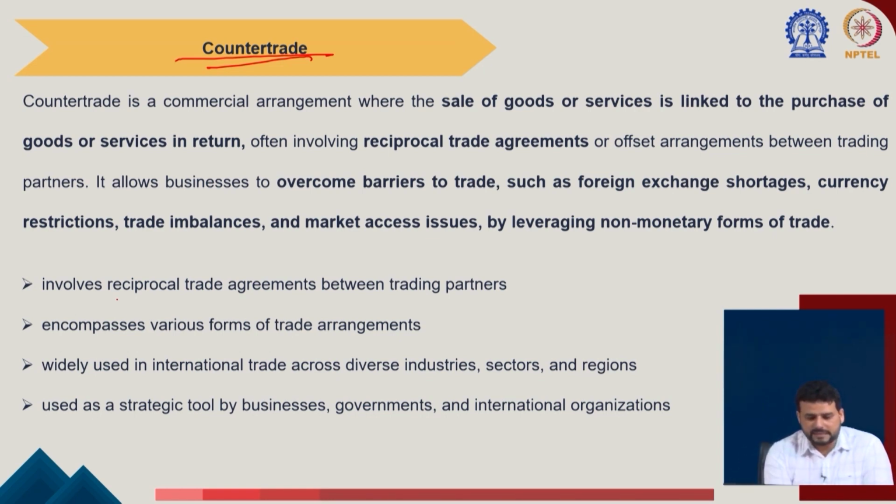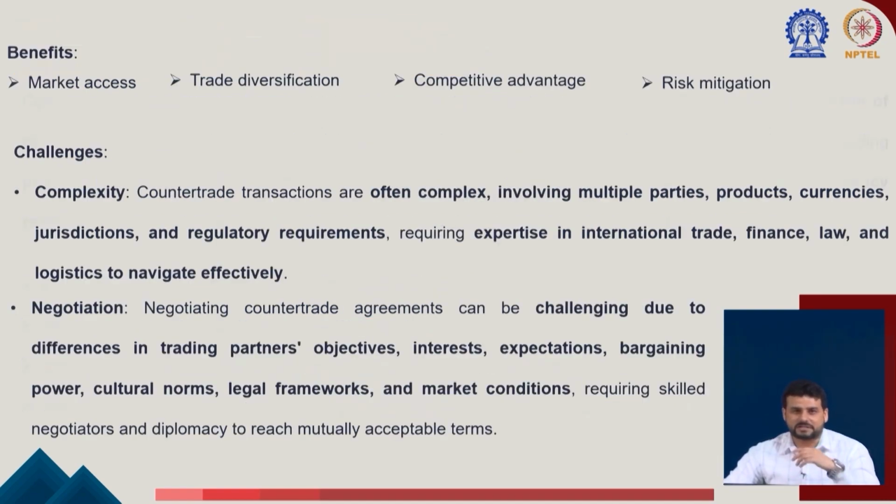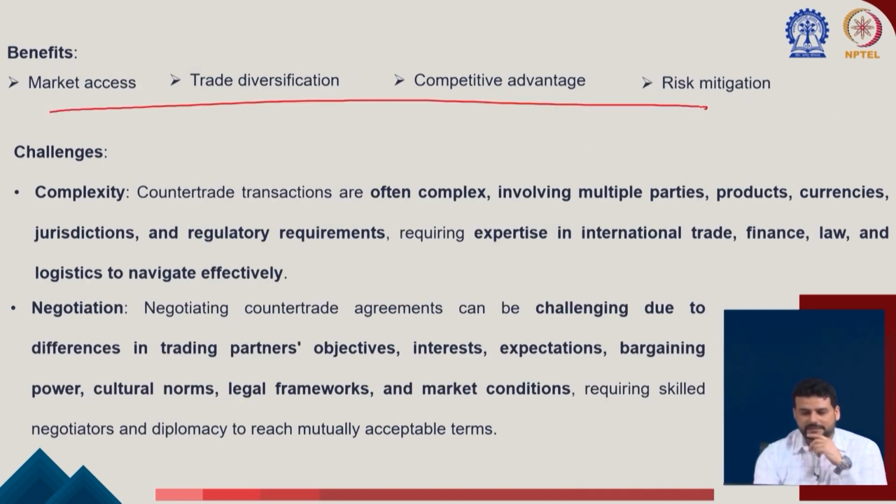It involves reciprocal trade agreements between trading partners, encompassing various forms of trade agreements widely used in international trade, and not only private firms, government organizations also use this kind of strategy, obviously to cut down the cost. Again, those advantages are there.